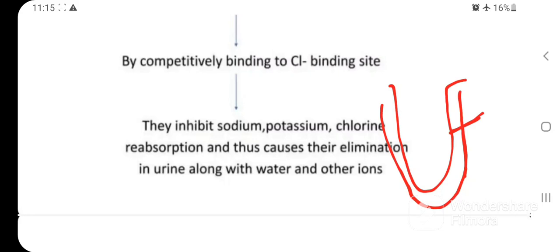What these diuretics do is inhibit this absorption by the ascending loop. If not absorbed, what happens? They will be excreted in the form of urine. Okay, this is the simple mechanism of diuresis, an increase in the production of urine.